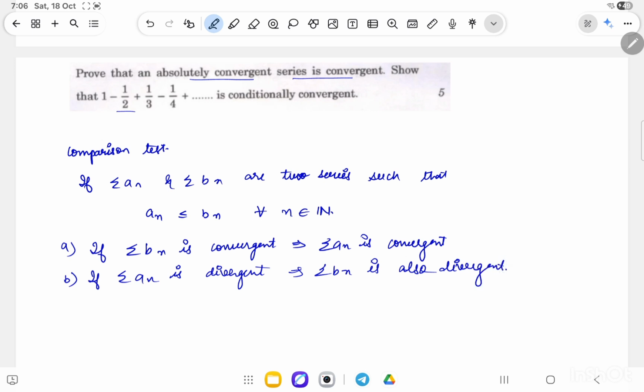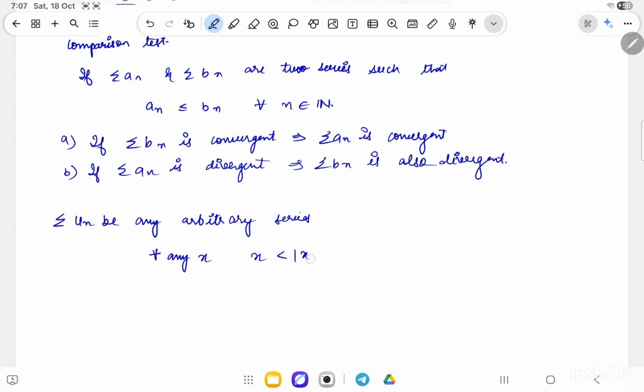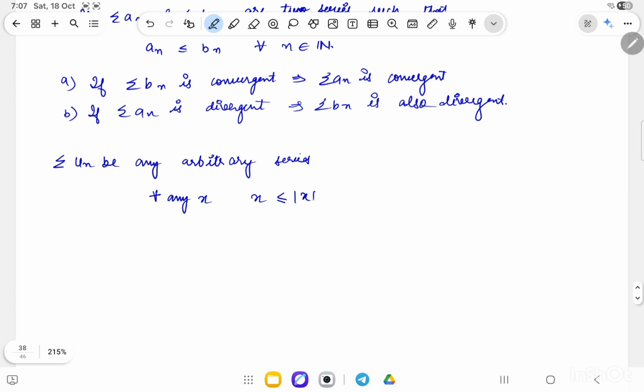Now in order to prove that an absolutely convergent series is convergent, let us assume that un is any arbitrary series, and we know that the absolute value function has this property that for any x, x is less than or equal to modulus of x. So using this property, for this given series un will always be less than or equal to modulus of un.